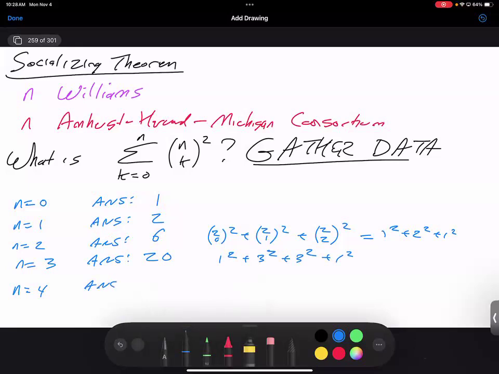And if we do n equals 4: 1 squared plus 4 squared plus 6 squared plus 4 squared plus 1 squared. So 1 and 16 is 17, 17 and 17 is 34, plus 36, 70. So 1, 2, 6, 20, 70.